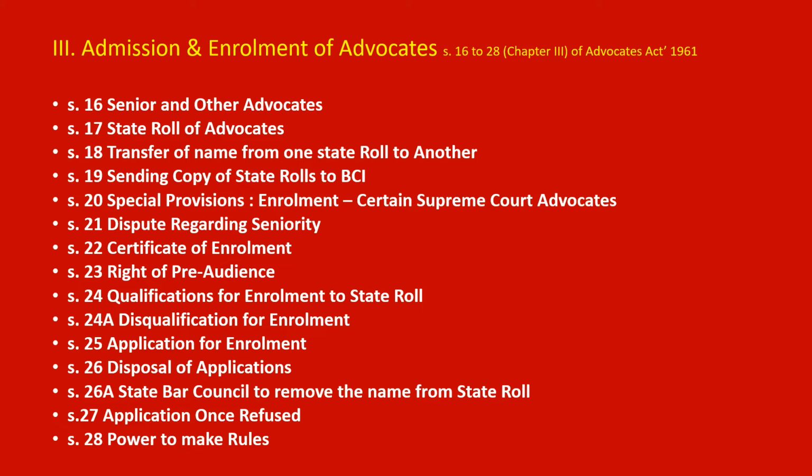Here it's a detailed clause, and this one is a very important section also. Section 26 says that the State Bar Council has to refer to the enrollment committee any applications which need to be disposed of. They have to refer it to the enrollment committee, and they should act if they find that the application is tainted with misrepresentation, fraud, undue influence and all.